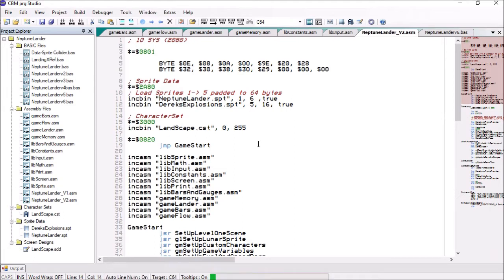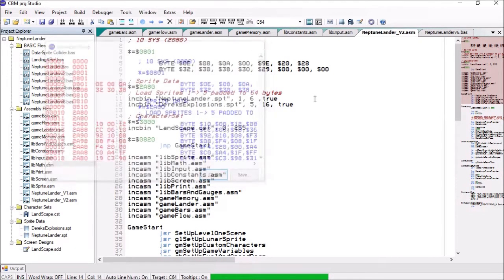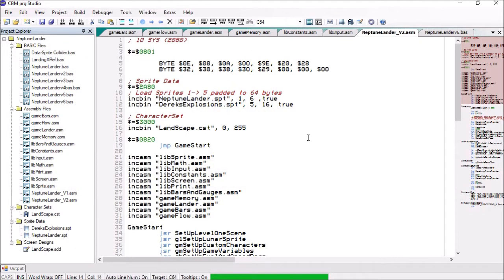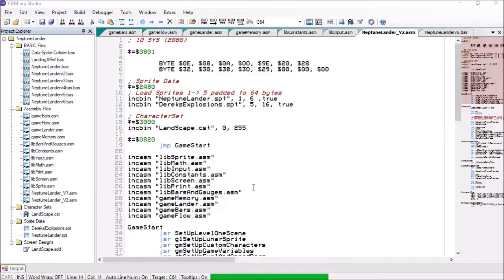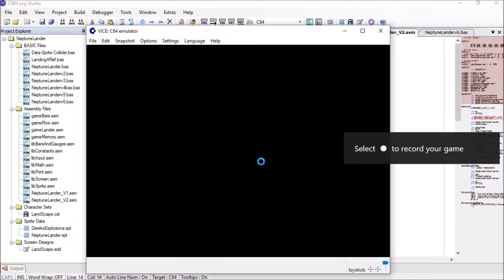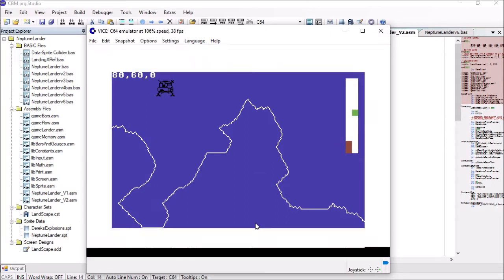Right, start again. Hopefully I'll put it in demo mode now, so we can put the lander in the place that I was thinking of. There we go.